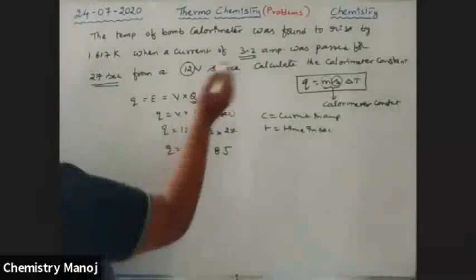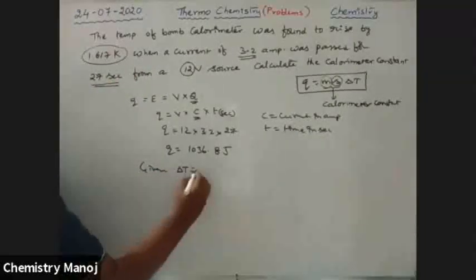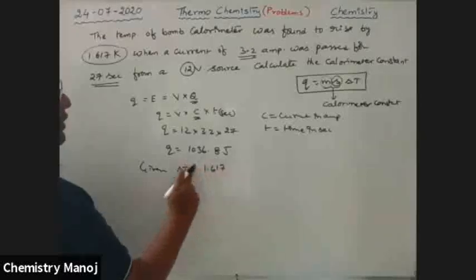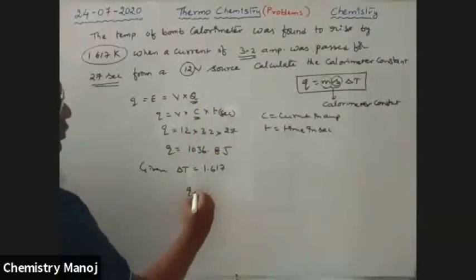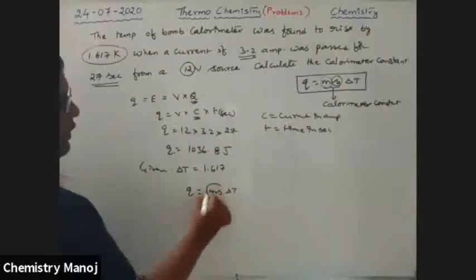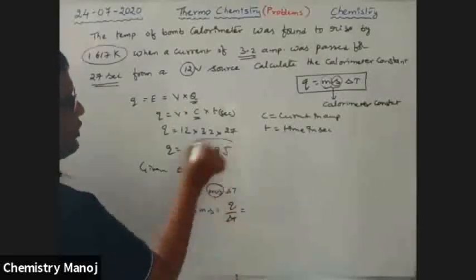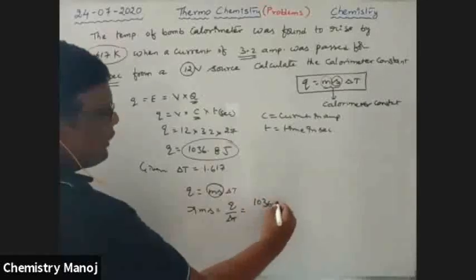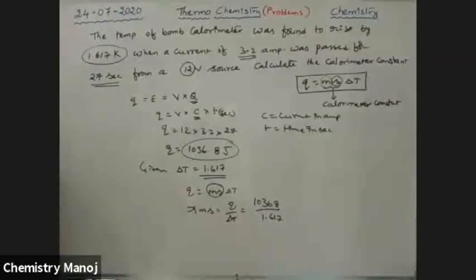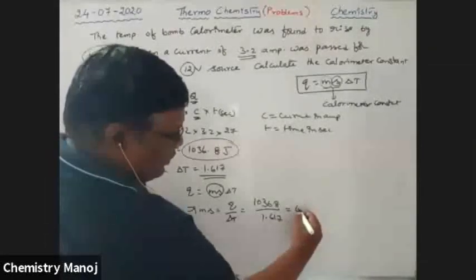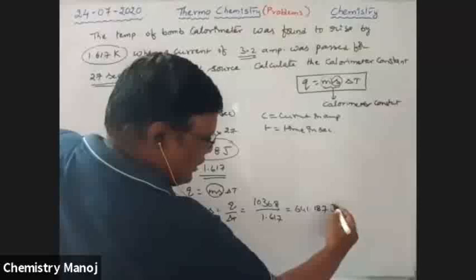The rising temperature is given as delta T equal to 1.617. We have the formula Q is equal to m s delta T. Therefore, m s is equal to Q by delta T. The Q value is 1036.8 and the delta T value is 1.617, which is equal to 641.187 joules per Kelvin.